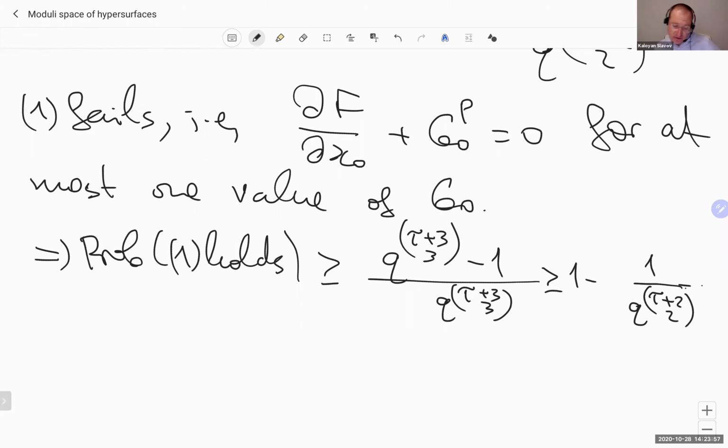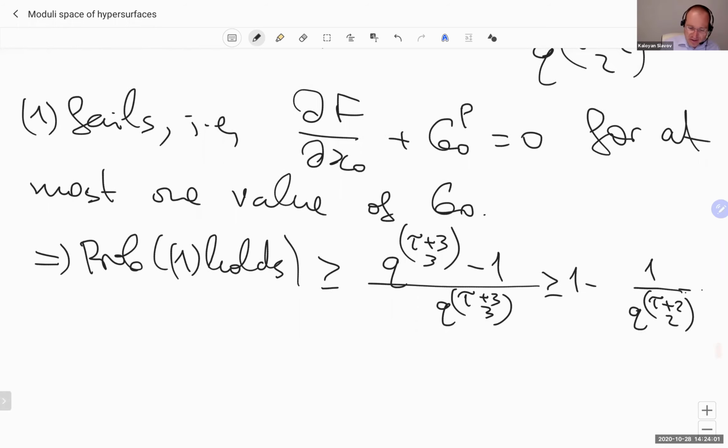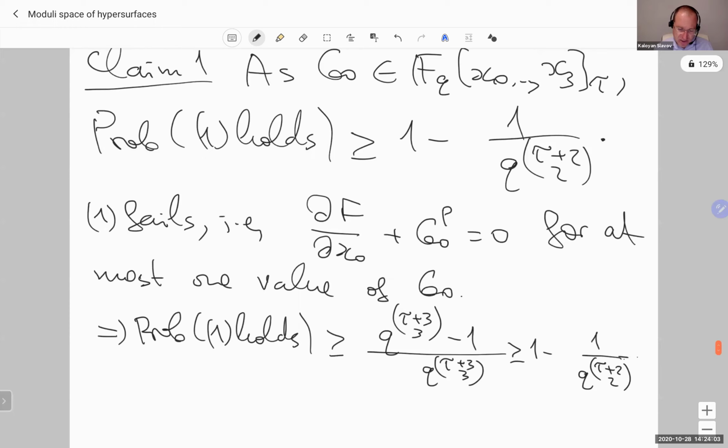Okay, I could write tau plus 3 choose 3, but let's just go with tau plus 2 choose 2. This claim is easy. 1 is very easy to achieve. There is at most one bad value of g0.